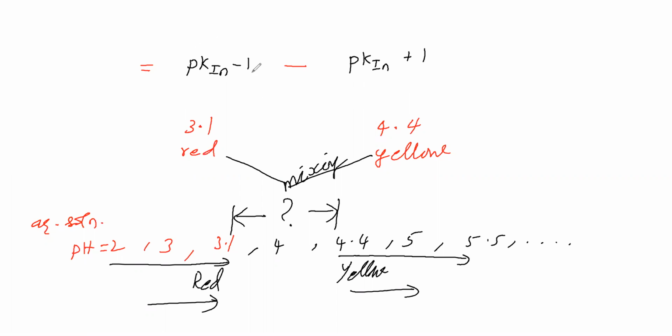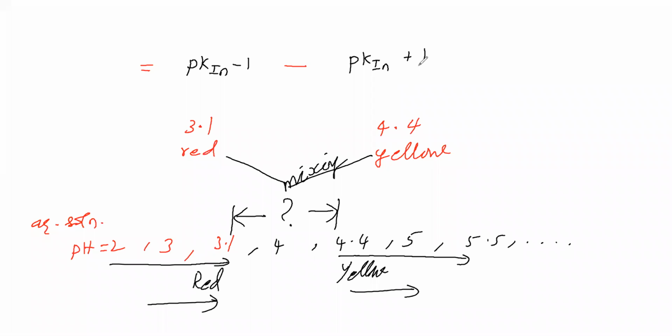If the pH is in between these two, that means the pH range of indicator, the indicator will give a mixed color. This color and this color will be mixed, and that mixed color will appear here. A distinguished color we will not get. This range we call the pH range of indicator.